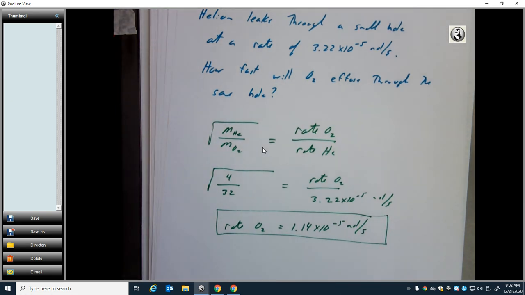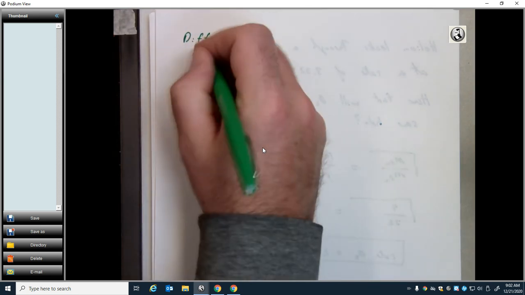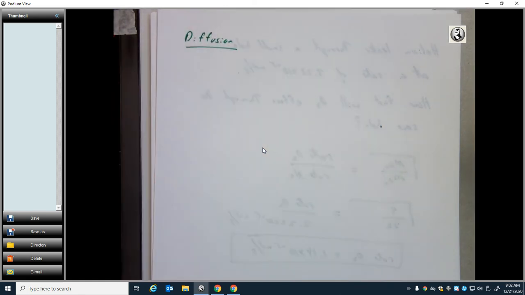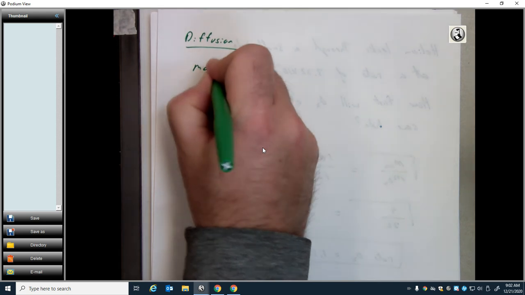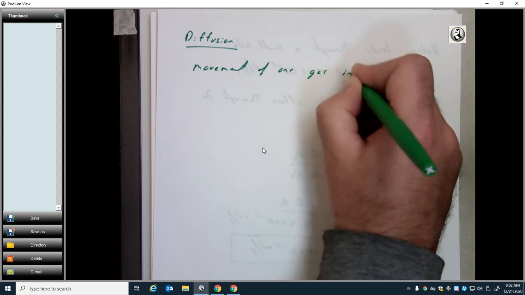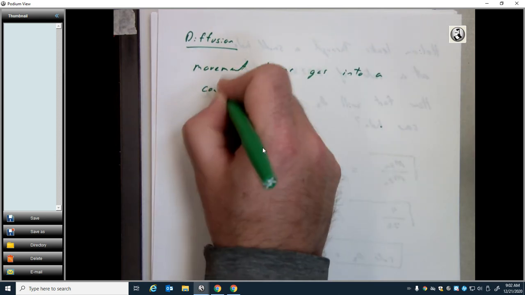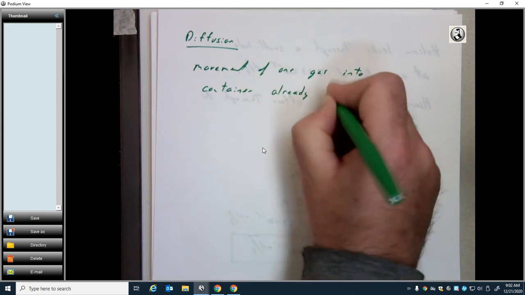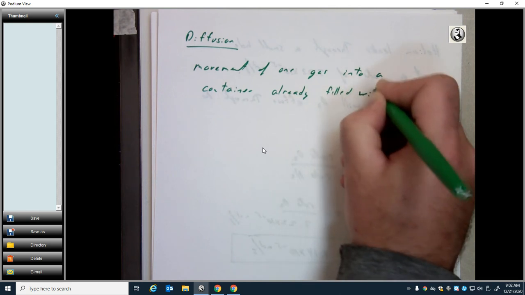Well, why do we care about effusion? Well, there's a direct correlation with diffusion. So what's diffusion? Diffusion is the movement of one gas into a container already filled with gas.